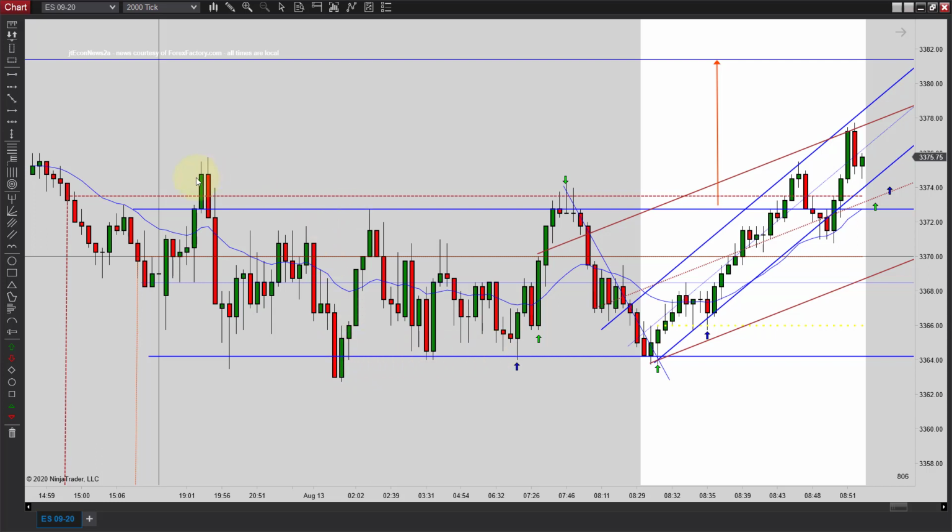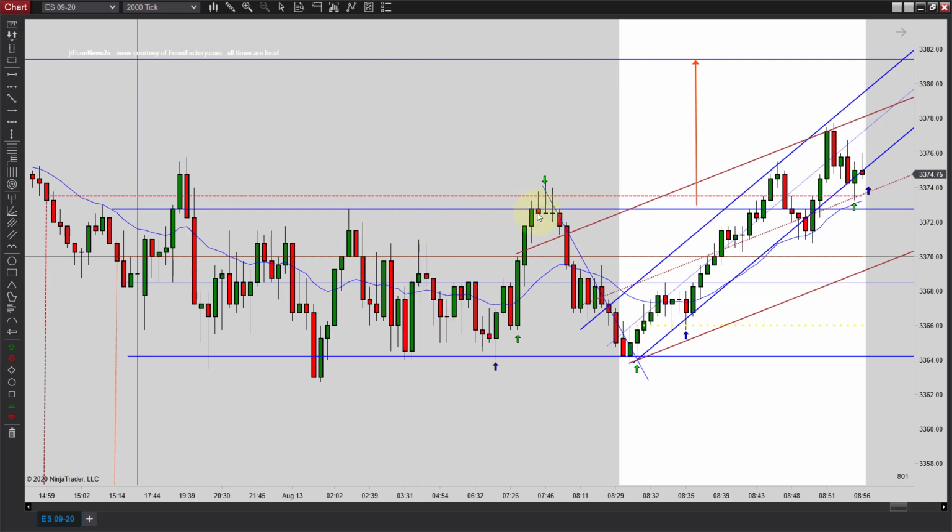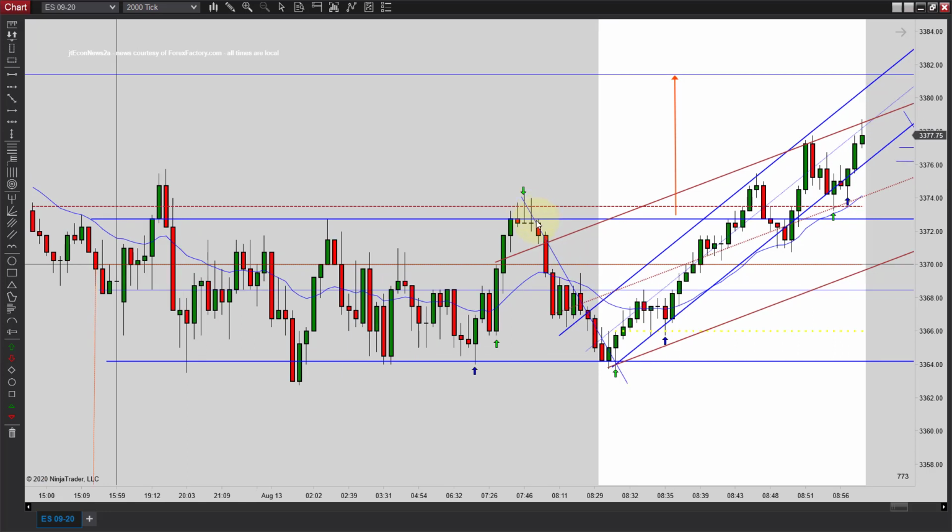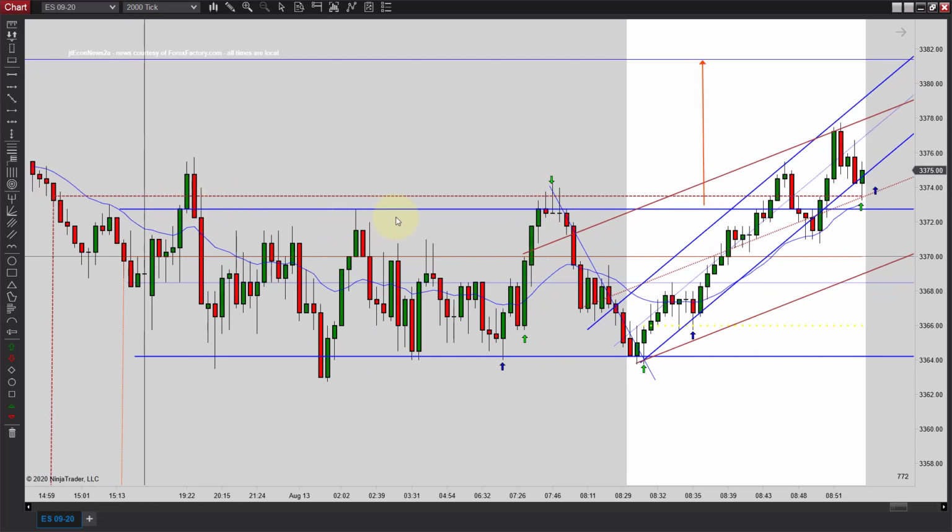Up here, the time was 7:39 my time the night before, and then we don't get back up here again until 2 in the morning, and then not until 7:40 my time. I wouldn't call that a double test because there's so much space in there.